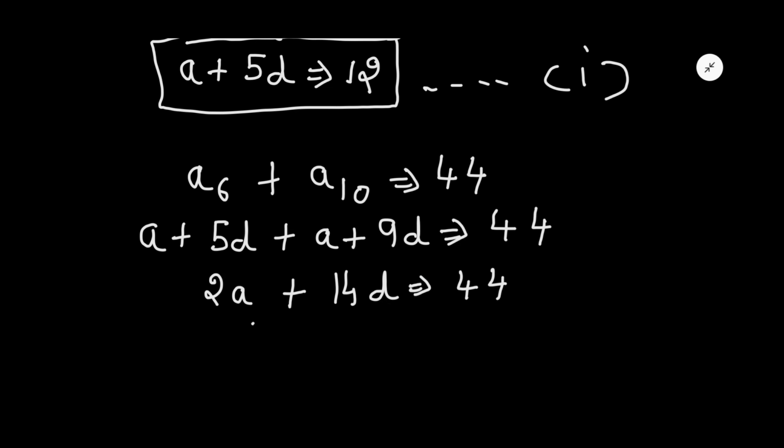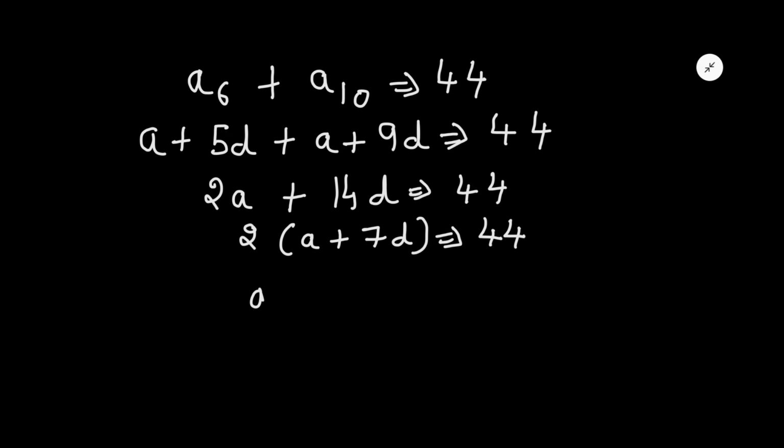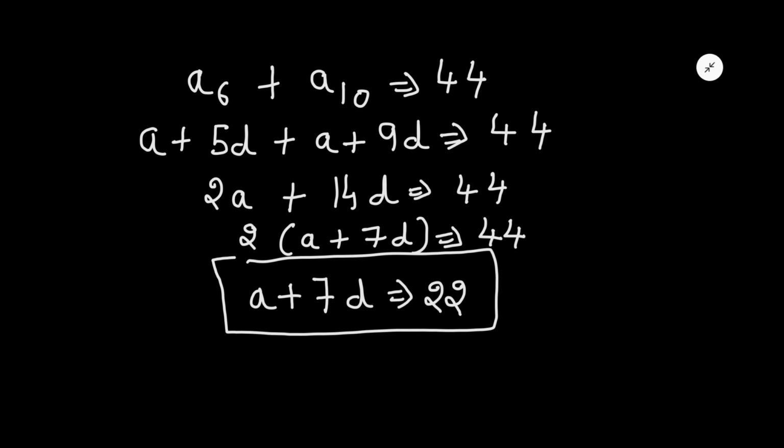So we will take 2 as common, it becomes a plus 7d is equal to 44. So the final equation is a plus 7d is equal to 44 by 2, which is 22. We will name this equation as second equation.